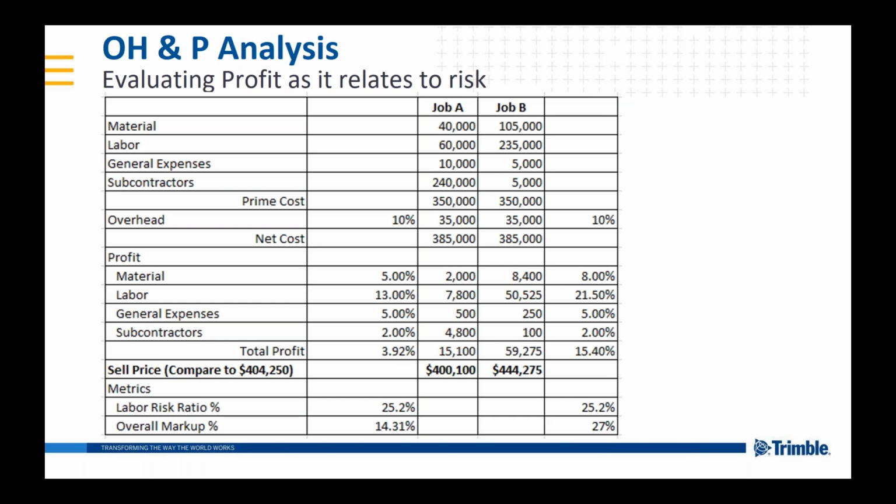So obviously, with something where you have less risk, you can go in with a lower markup than something where you have lots of risk. All while watching these percentage numbers on your labor risk ratio move up or down as you adjust those percentages.